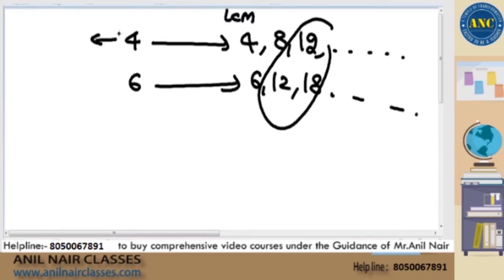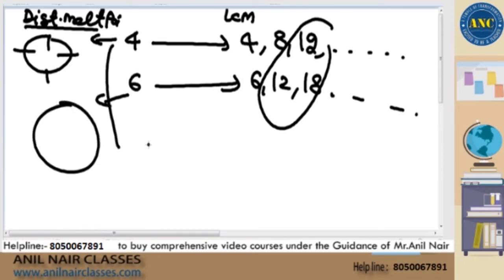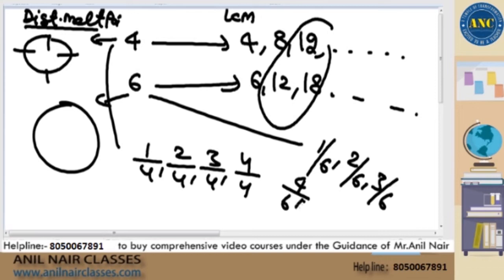Now I will make it very clear. These are distinct meeting points. If they meet at 4 points on a circular track, what are the 4 points? 1 by 4, 2 by 4, 3 by 4, 4 by 4. For the other runner, these are the 6 meeting points: 1 by 6, 2 by 6, 3 by 6, 4 by 6, 5 by 6 and 6 by 6.